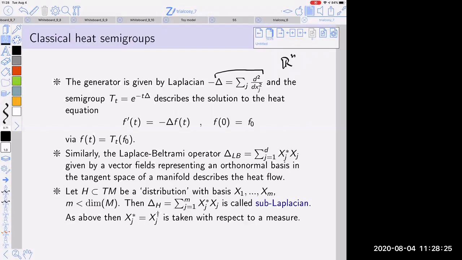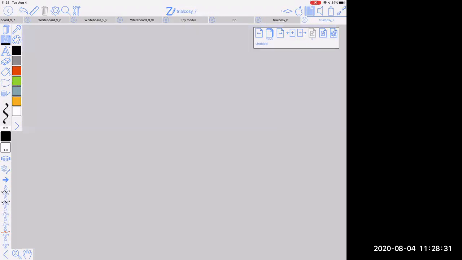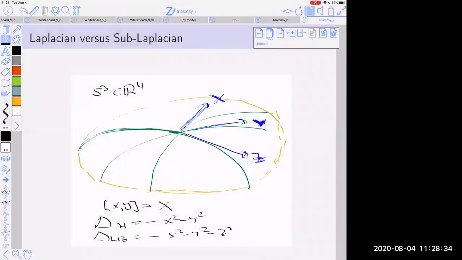And the Sub-Laplacian takes not all directions, but some of them. And that's it. So let me give you an example which is pretty relevant. This is the 3-sphere in R^4. It's a 3-dimensional manifold, has X, Y, Z coordinates, which resemble these matrices here.